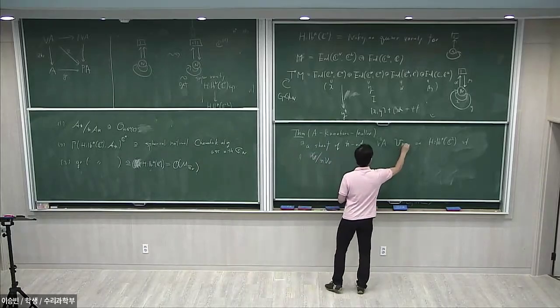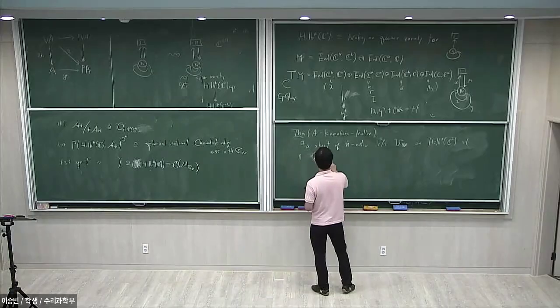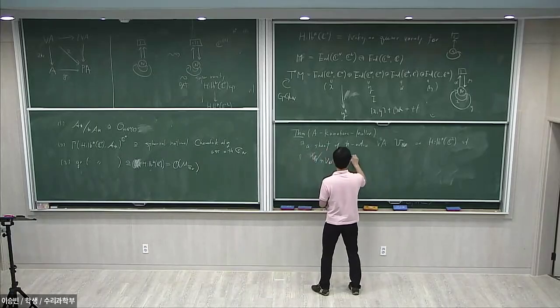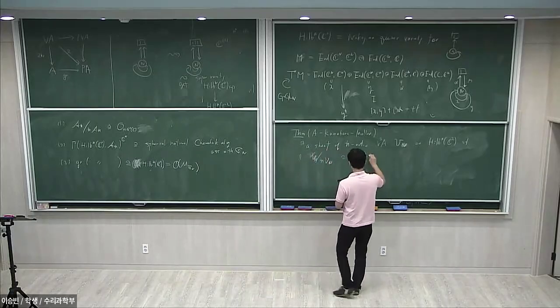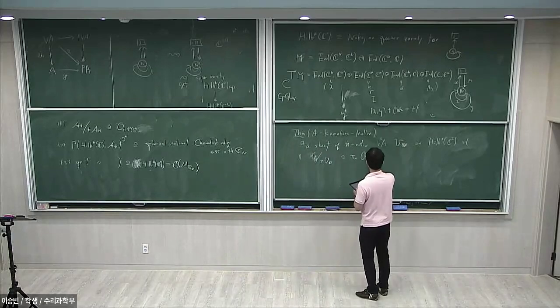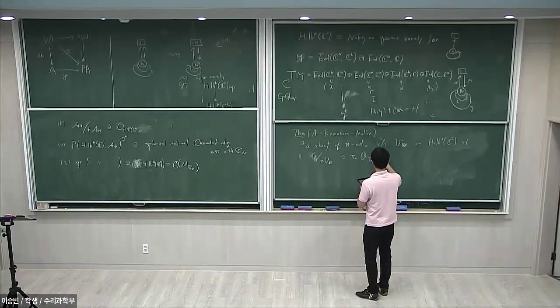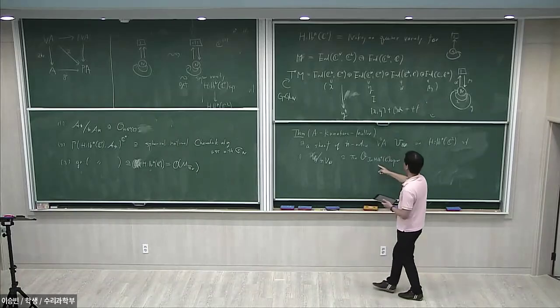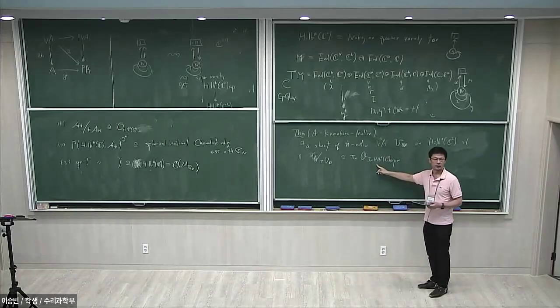Sorry, this is M. So this quantizes the arc space of the super Hilbert scheme. You don't have time to explain the arc space. It's just the affine version of the usual scheme, and it quantizes the structure sheaf.